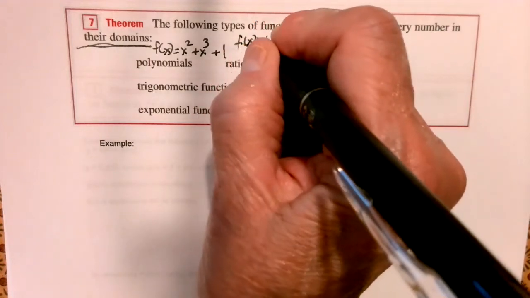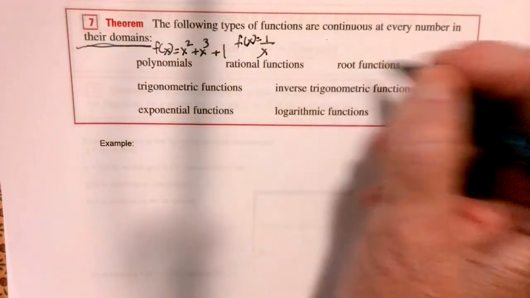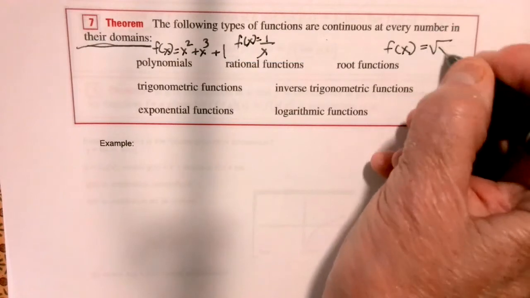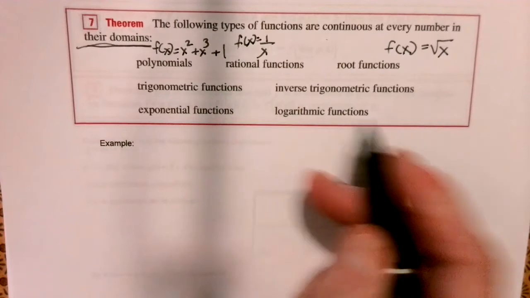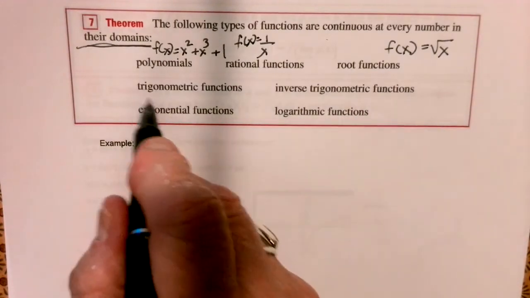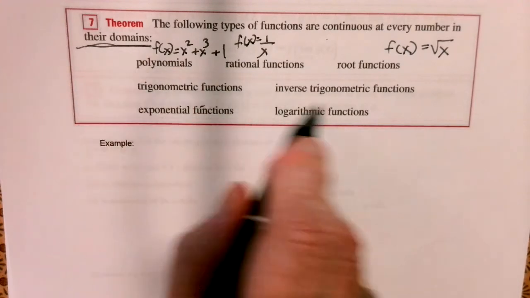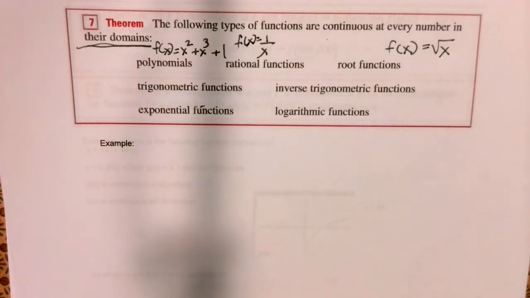And then root functions, which are like f of x equals the square root of x. And then trigonometric functions like sine and cosine, inverse trigonometric functions, exponential functions, and logarithmic functions. Now, these functions are not continuous everywhere, but they're continuous on their domain. So you've got to remember that.